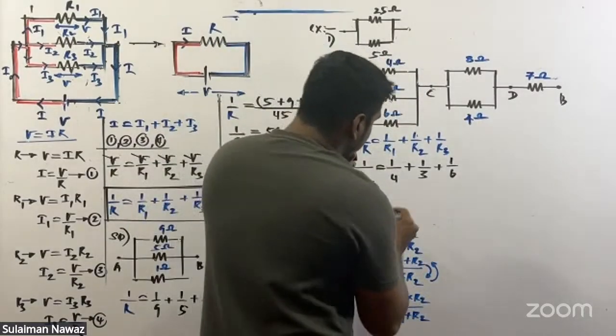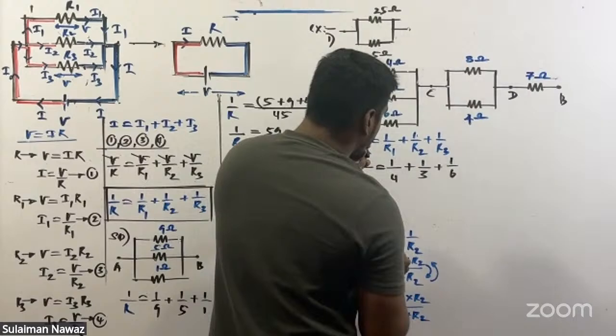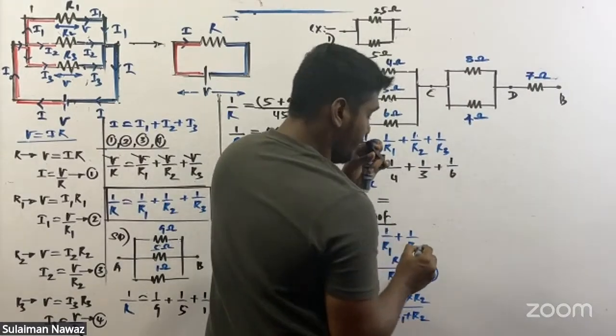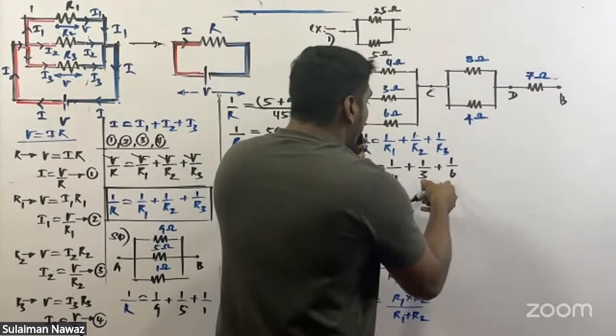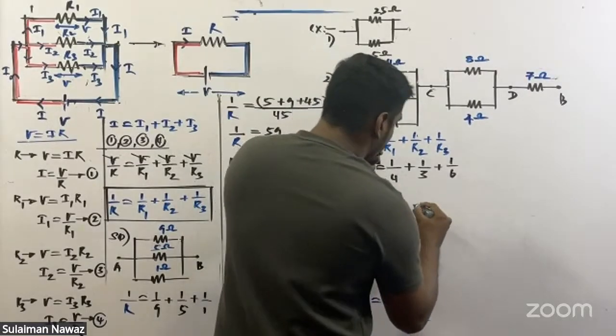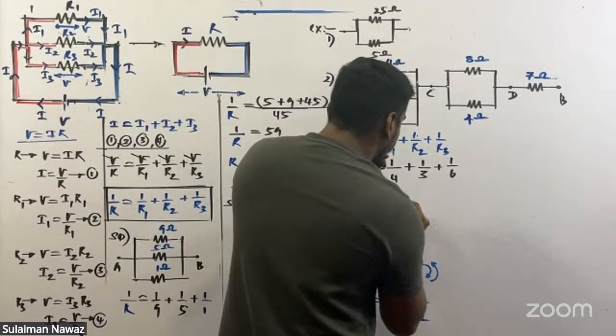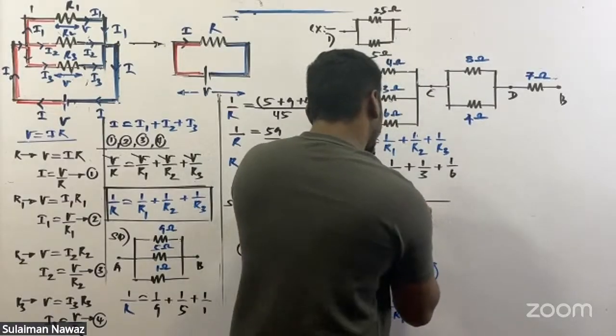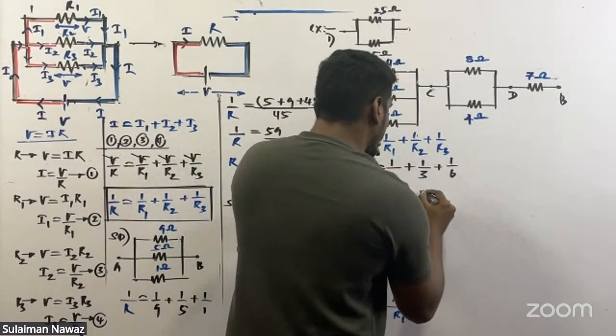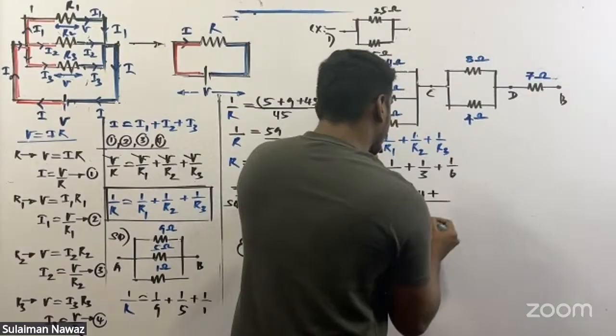Then the common denominator is going to be how much? We can consider the common denominator as 12. If 12 is your common denominator, it's 3 plus 4 plus 2.